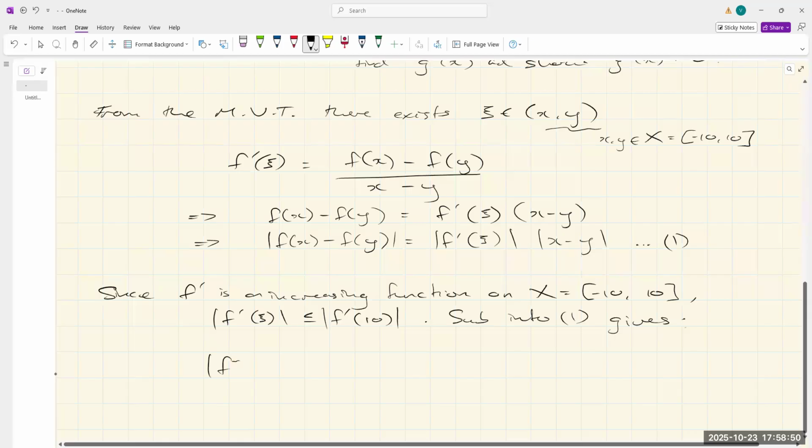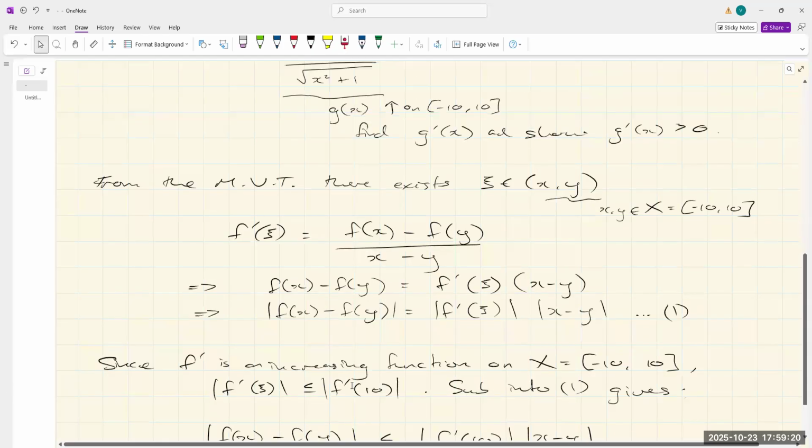That gives modulus of f of x minus f of y is less than or equal to modulus of f prime. Well, f and f prime are always positive, so we don't need the modulus, but I'll leave it in. Then modulus x minus y. What was f prime?